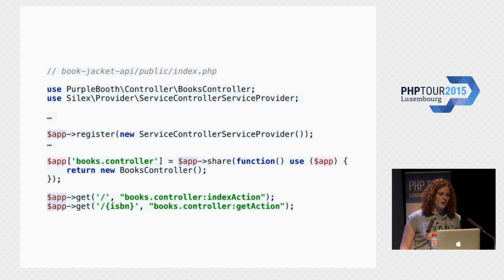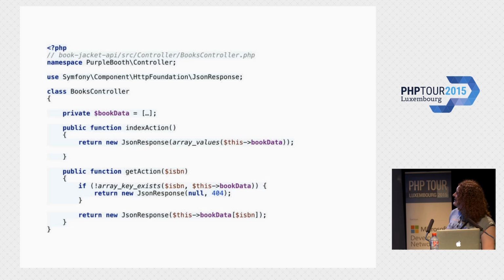And now you can see at the bottom I've got a couple of routes. So there is get by ISBN, and that loads the get action, and then we have the index action. So I'll just give you a quick rundown of the controller. The controllers look like this. They're just plain old objects, which is fantastic because you don't want to muck up your object hierarchy.